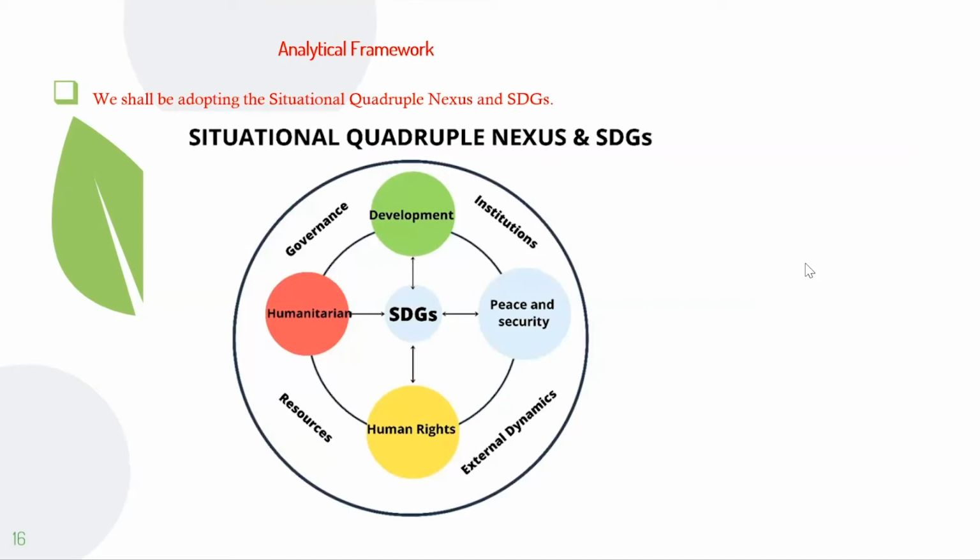It's important to look at the pillars that we have mentioned, as you can see: development, peace and security, human rights, and humanitarian, as the four pillars that are interlinked together by the inner circle. And the goal of their interlinkages is to work towards the SDGs.